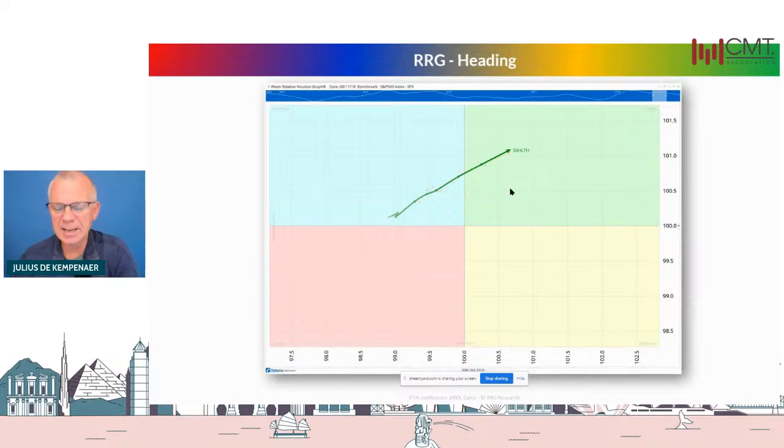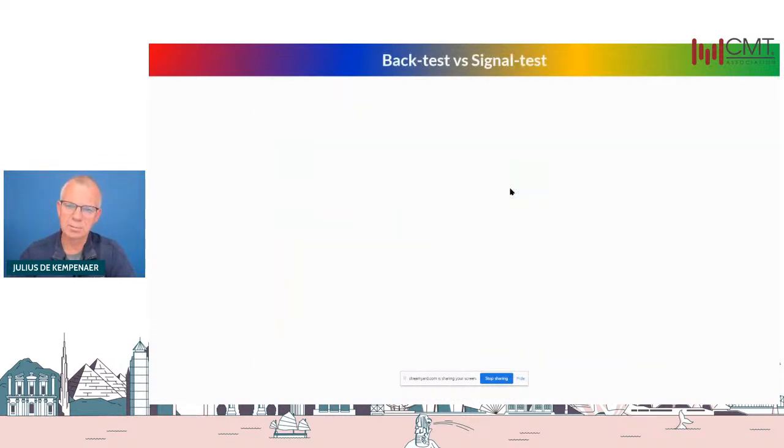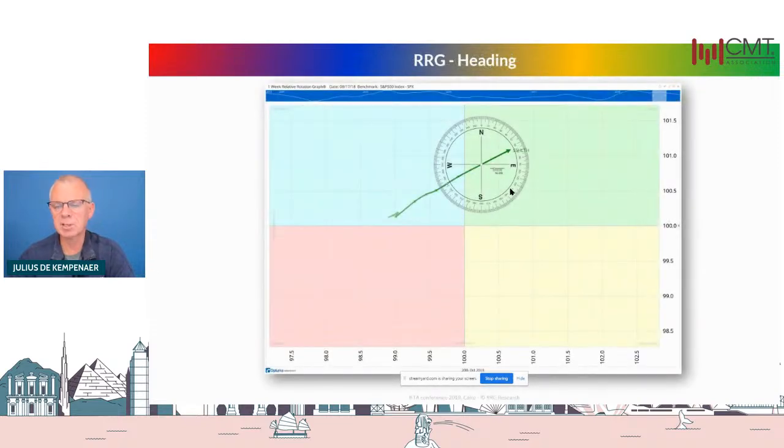And then we have heading, which is probably the most important one, which positions the compass at the previous observation, and I can then tell that the heading here is around 60 degrees.